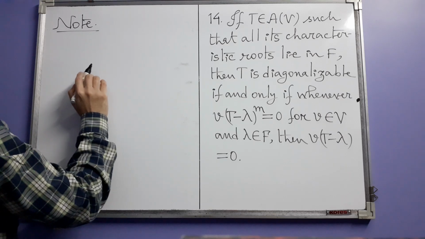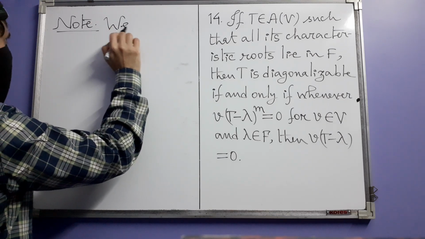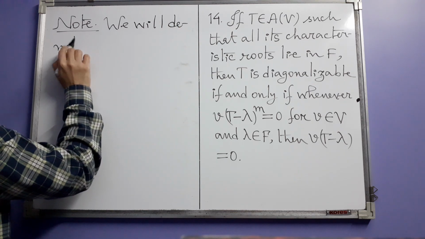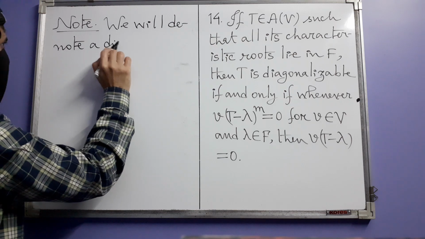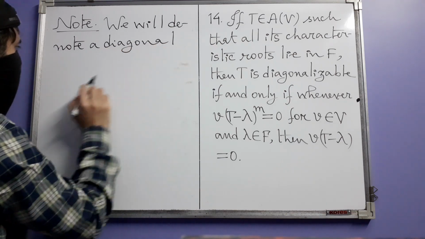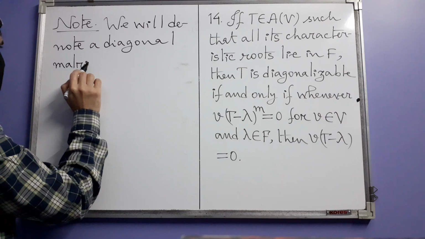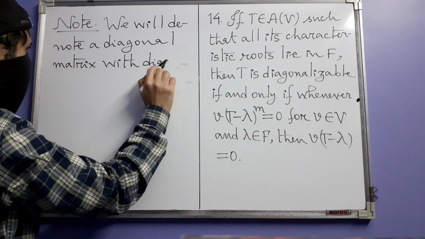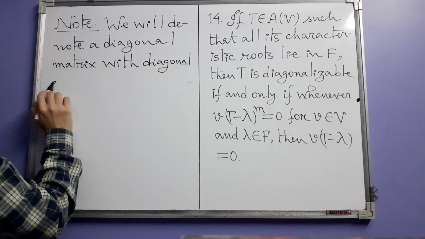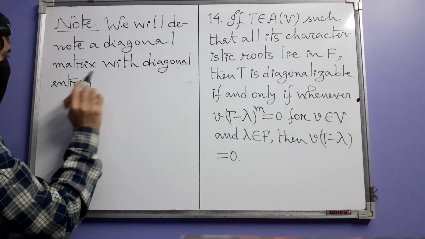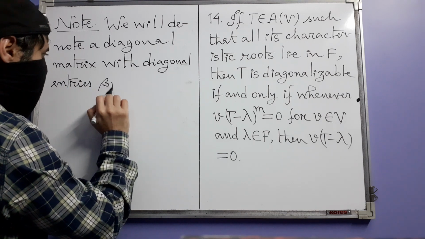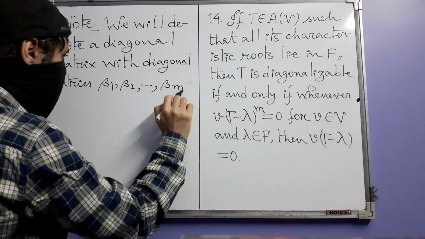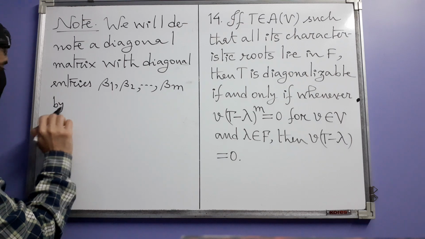So the note is this: we will denote a diagonal matrix with diagonal entries by this symbol.